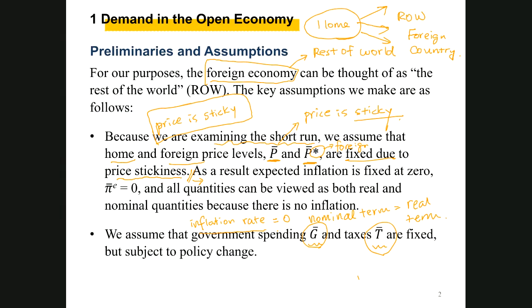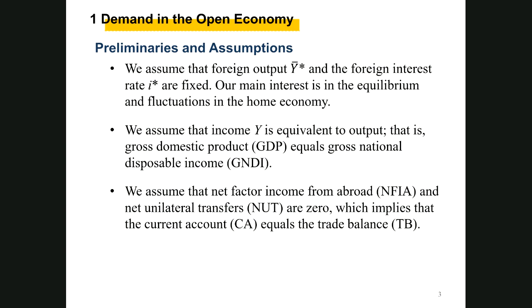And also we assume the foreign output and foreign interest rate are fixed. Okay, so the rest of the world's output is fixed, and the rest of the world's interest rate is fixed.